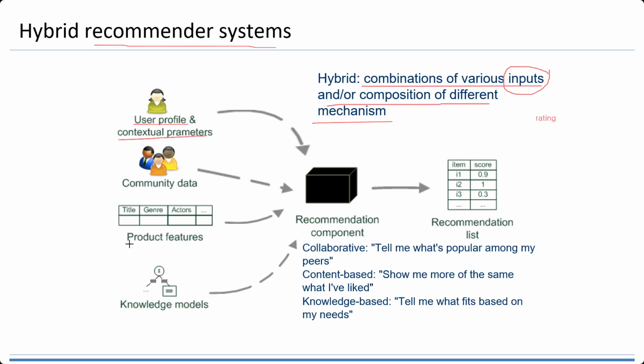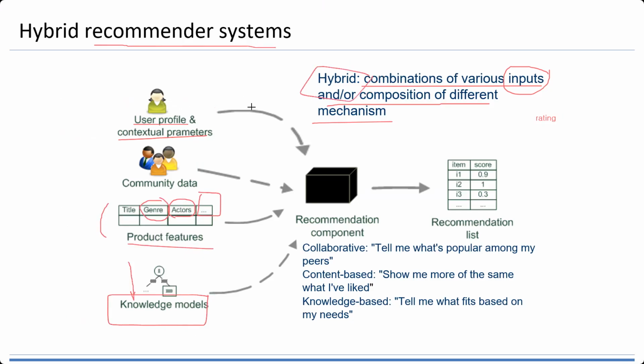And we can also have the product features, for example, the movie. Who are the actors? What is the genre? Who are the producers, and etc. And sometimes we also need the knowledge. Next week we will learn about the knowledge model. So today I'm going to discuss what is hybrid.